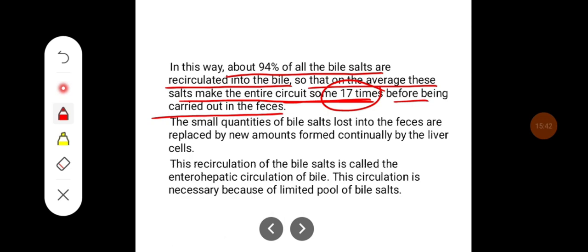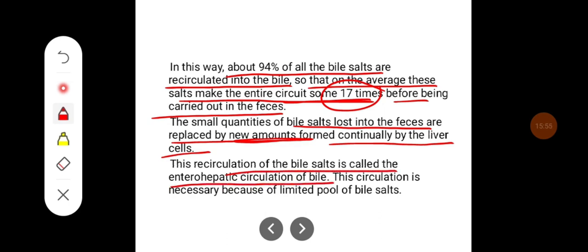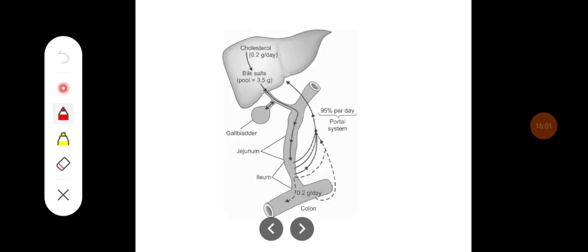The small quantities of bile salts lost into the feces are replaced by new amounts formed continually by the liver cells. This recirculation of the bile salts is called enterohepatic circulation of bile. This circulation is necessary because of the limited pool of bile acids.